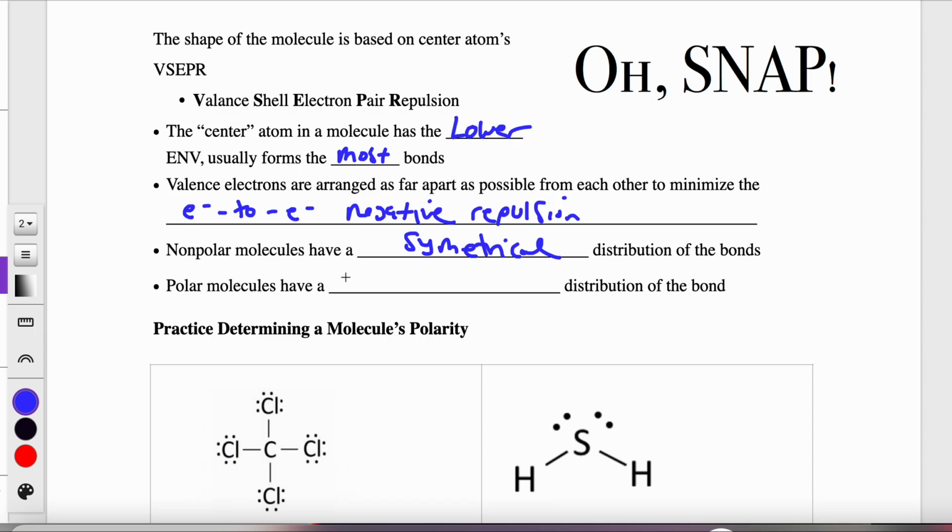Polar molecules have an asymmetrical distribution of the bonds. So we have a little mnemonic, OSNAP. So OSNAP, if our bond distribution is symmetrical, then it's nonpolar. If our bond distribution is asymmetrical, then it's polar.